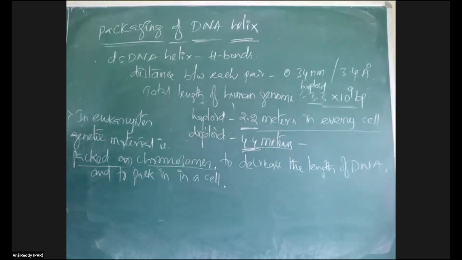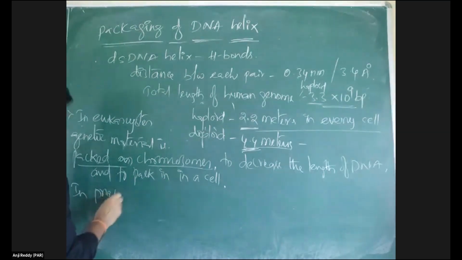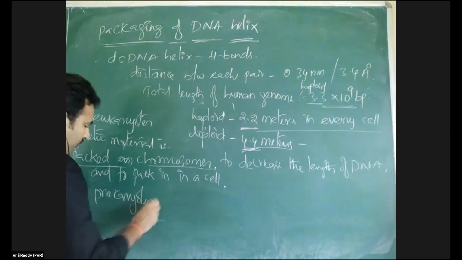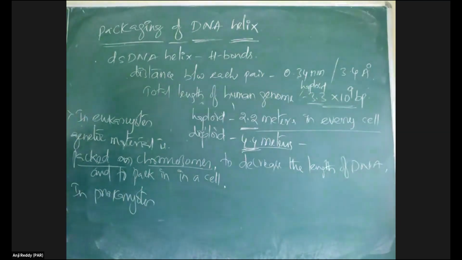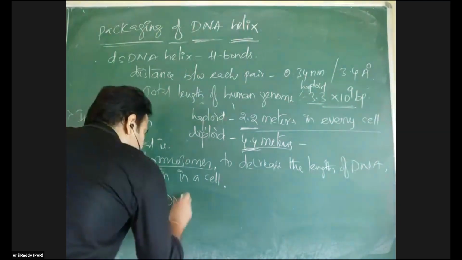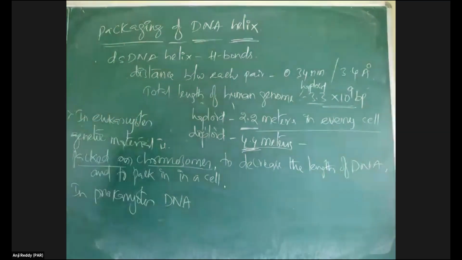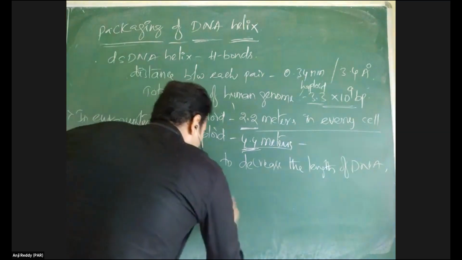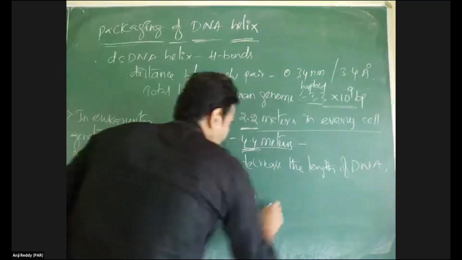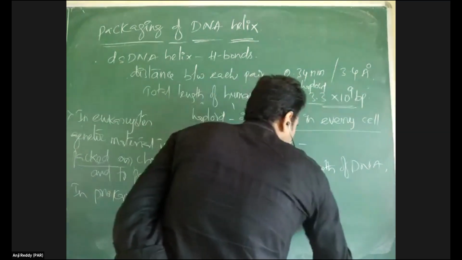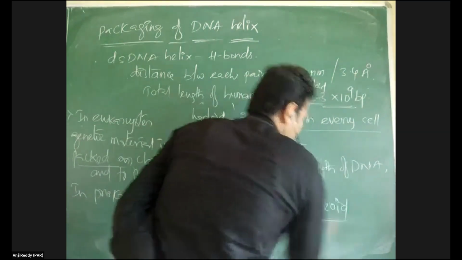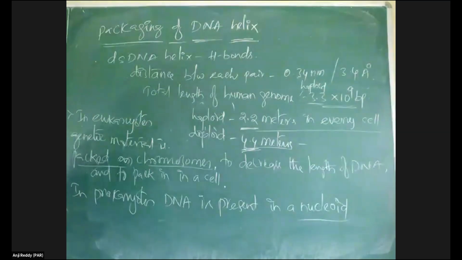But in prokaryotes, how is it organized? In prokaryotes, DNA is usually present, or sometimes there may be RNA also. DNA is present in a nucleus-like structure called the nucleoid.